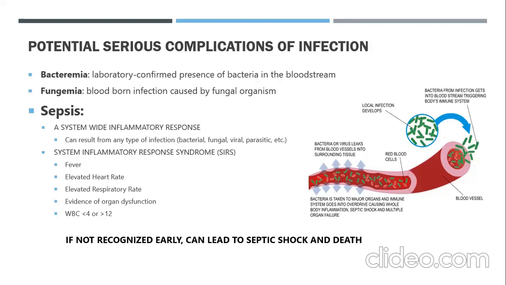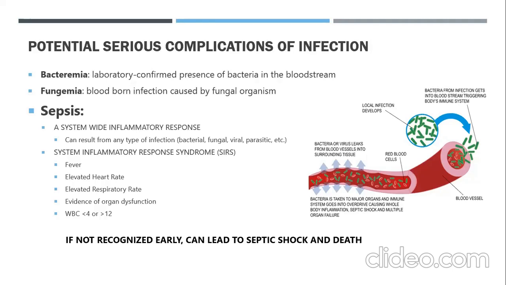So sepsis, like AIDS, is a syndrome. It is not a disease. Sepsis is a collection of symptoms and clinical manifestations, but it can happen with any type of infection.